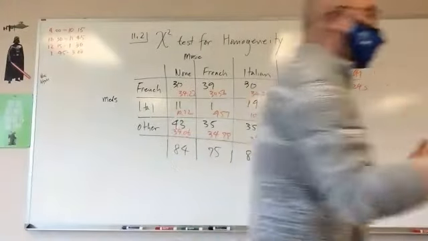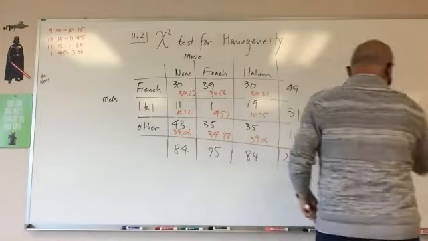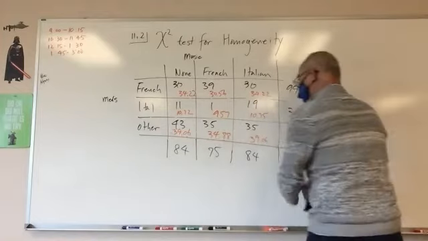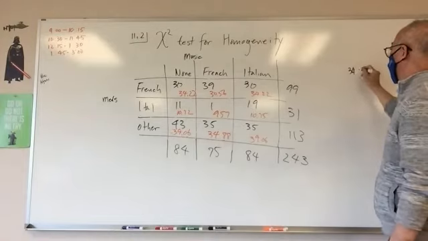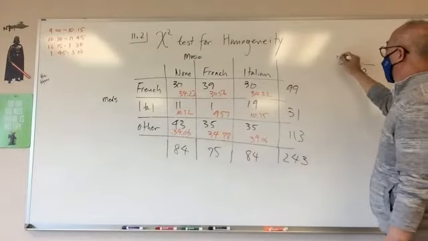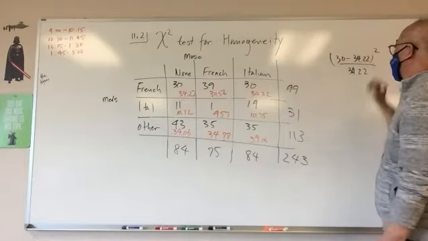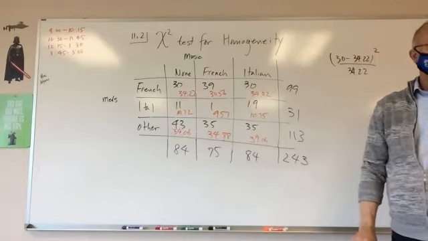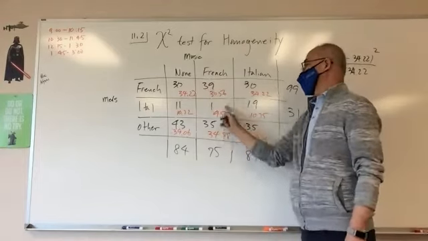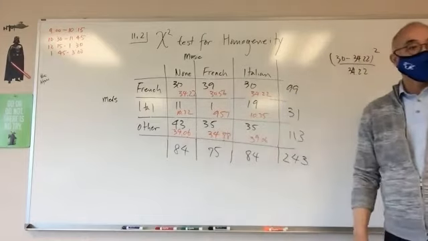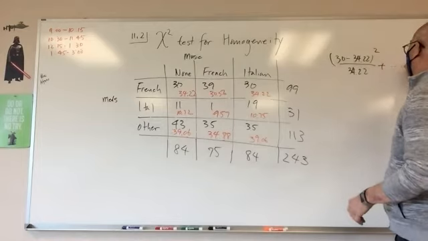So we're going to calculate the chi-squared just as we did last time, right? How do we calculate the chi-squared? Chi-squared was observed minus expected squared over expected, right? I'm going to do this for 9 of them, right? I'm not going to write them all down, but I'm going to do this on 9 of them and add them all together.